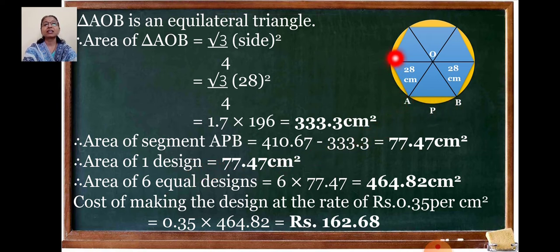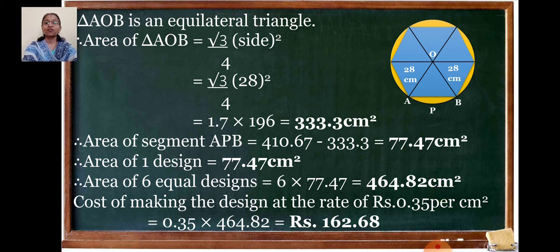There are 6 such equal designs, so you multiply this area of one design by 6. So the answer is 464.82 centimeter square. This is the total area of the design shape.